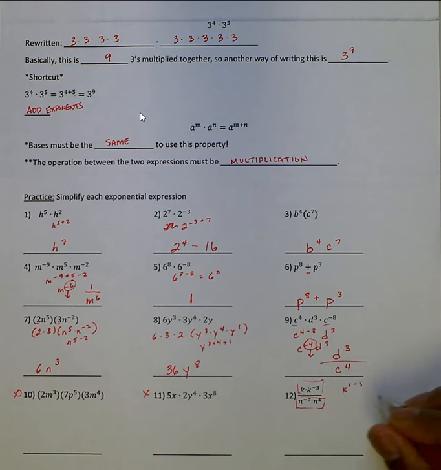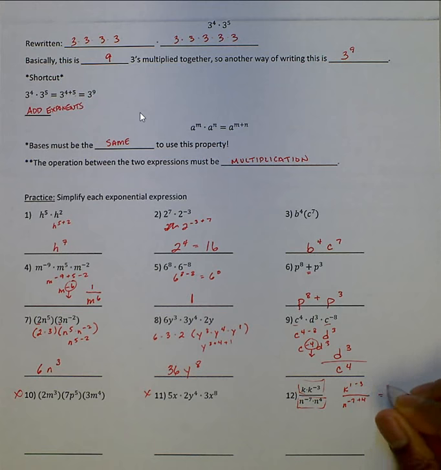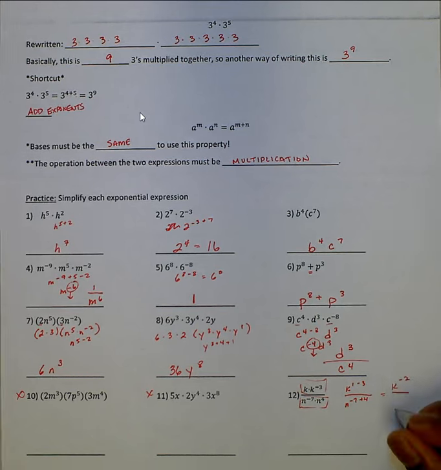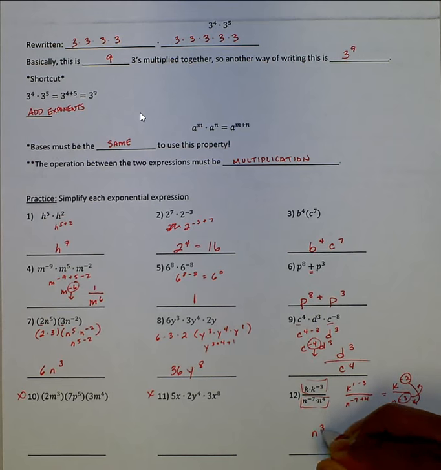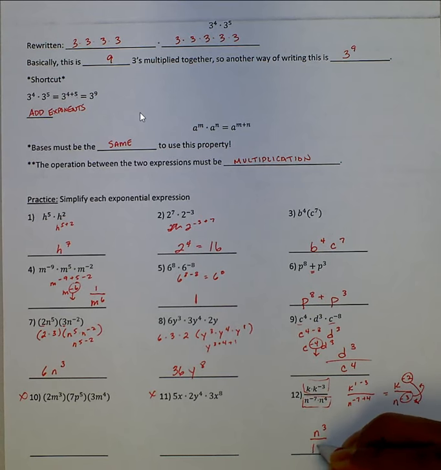In the denominator I have n to the negative 7th times n to the 4th, and so I'll have k to the negative 2nd over n to the negative 3rd. Negative exponents means they need to move, right? They don't like where they're at. And so what I have is n to the 3rd over k squared.